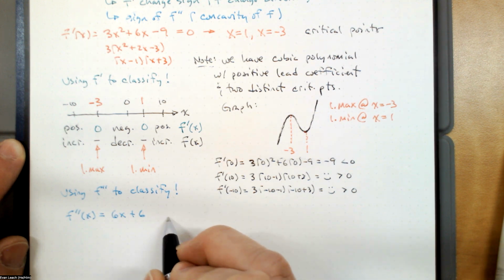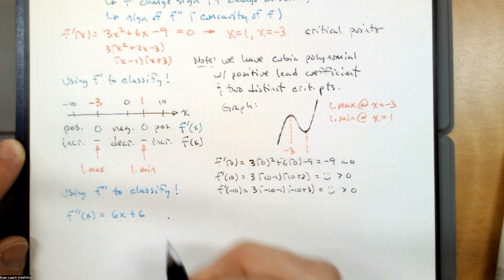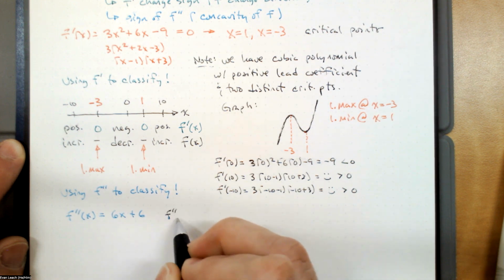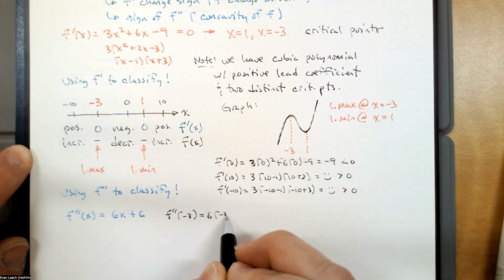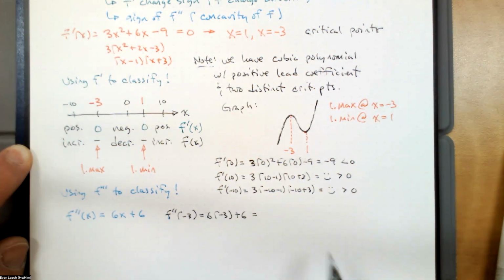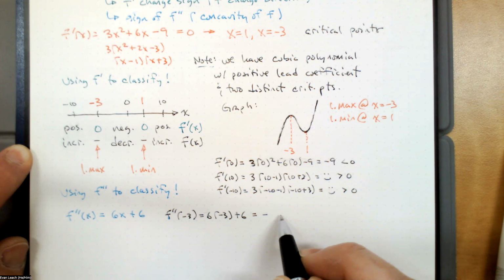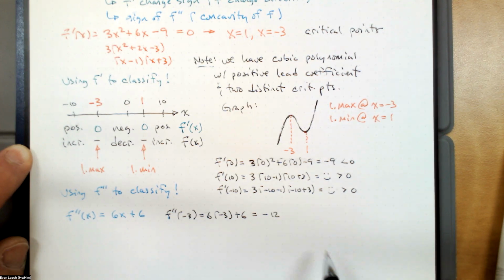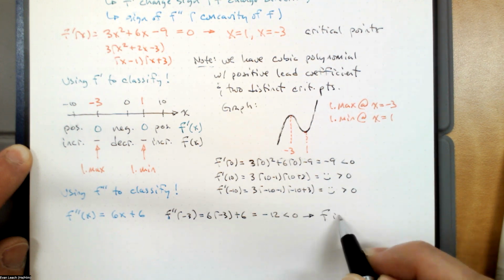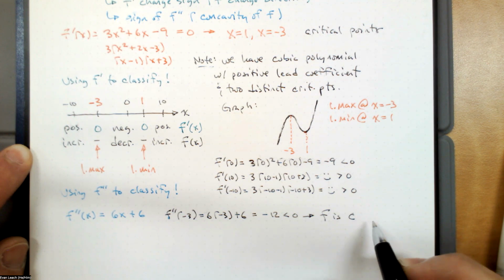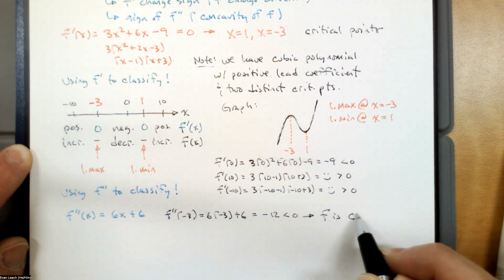So f double prime at -3 is negative something. So we see that f is concave down.